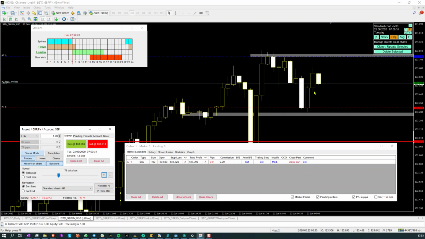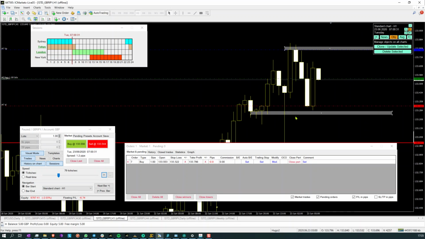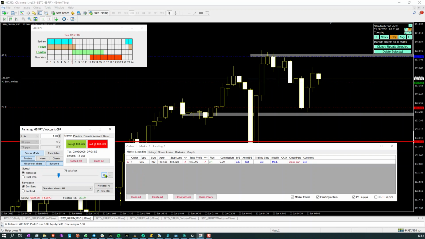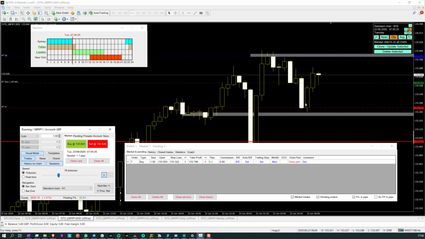Okay, now if we break below this M30, I'm closing 50%. Yeah, I'm closing 50%, but that's it. If that happens, I'm closing 50%. As we should continue going higher, we should not break this low.